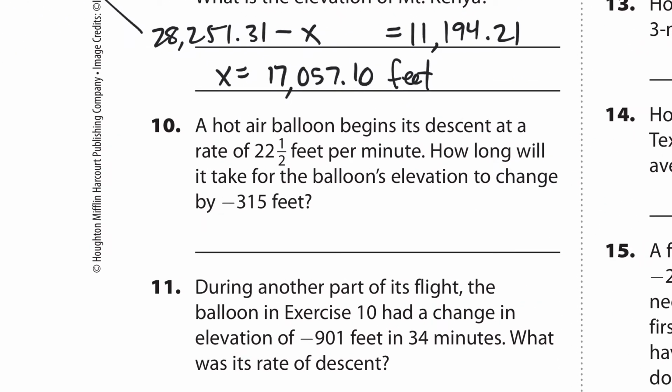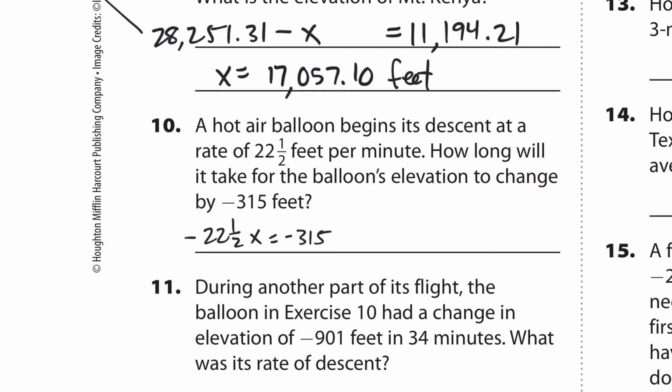A hot air balloon begins its descent at a rate of 22 and a half feet per minute. How long will it take for the balloon's elevation to change by 315 feet? Well, it descends, so it's negative 22 and 1/2 times something, so many minutes, will equal negative 315 feet.